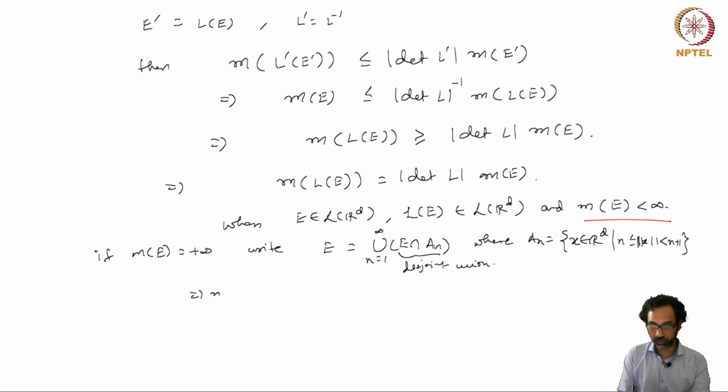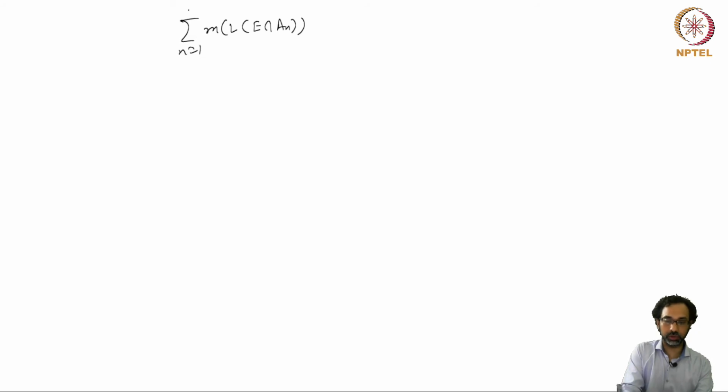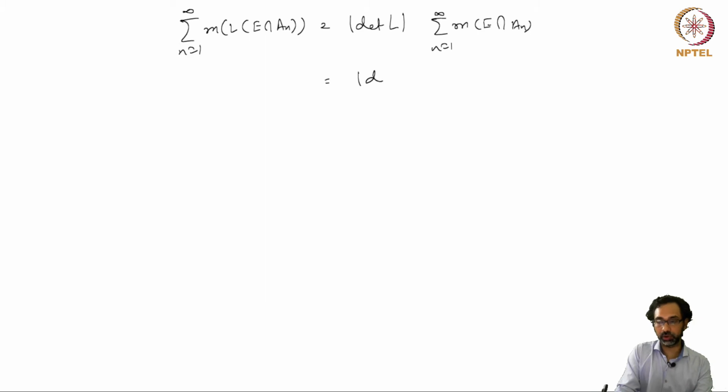and so the measure of E is equal to the sum of these E intersection ANs, n equal to 1 to infinity, which implies that the measure of LE is equal to the sum of LE intersection AN, and each of these can now be written as the modulus of the determinant times the measure of E intersection AN, n equal to 1 to infinity, and this is nothing but the modulus of the determinant times the measure of E, and the left hand side was the measure of LE.